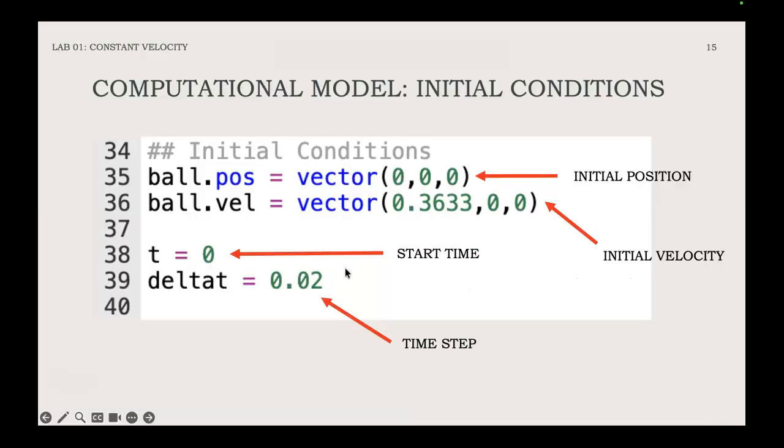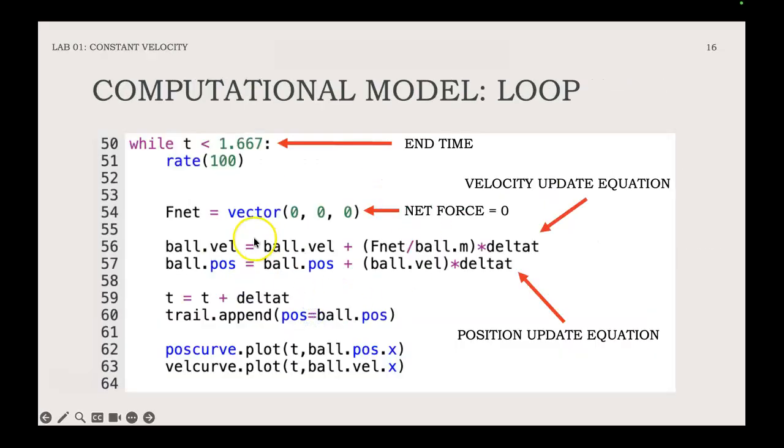So using our computational model, we have our initial conditions that we inputted, which is our position vector 0, 0, 0, and then our velocity vector, which was 0.3633 meters per second as our x component, and our y and z components were 0. Our start time was 0, and our time step was 0.02 seconds. We had a while loop used to update our position, and so we had a total time of 1.667 seconds.